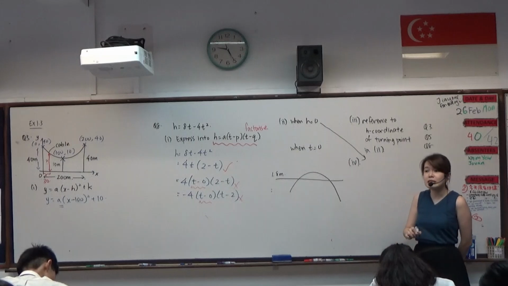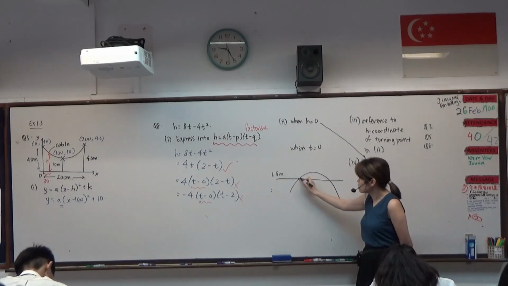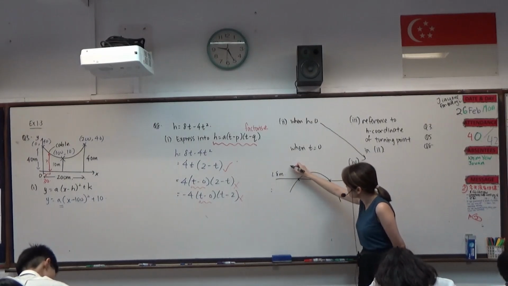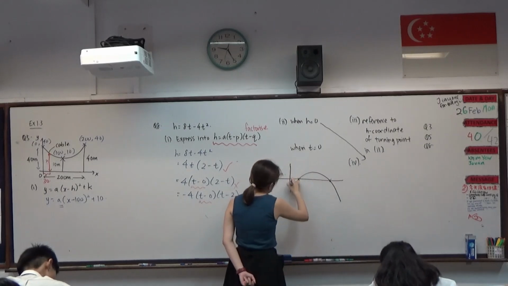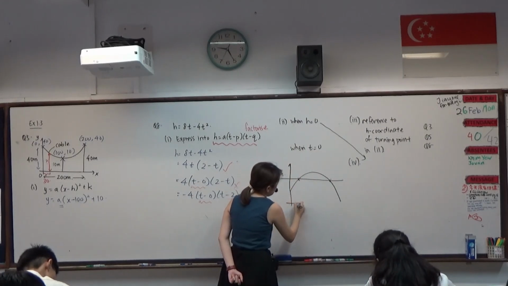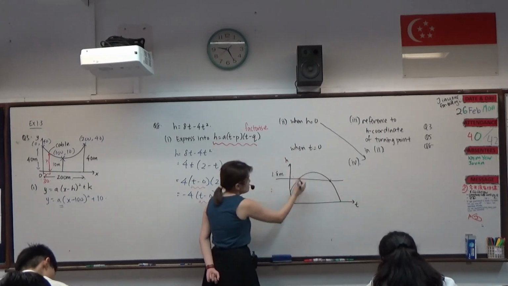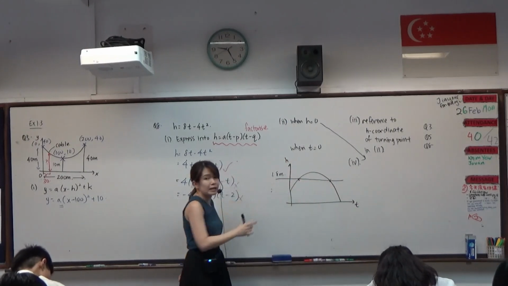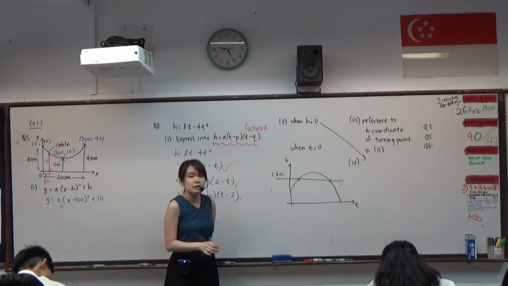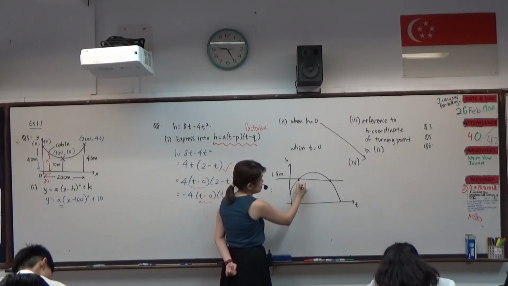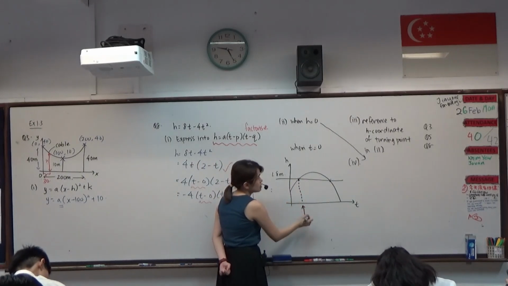Okay, we want to determine the earliest time. There will be two time junctures. Alright, so you have your T and your H here. There are two time junctures whereby it will be 1.8 meters. Because we want to find the earliest time, we will take this as the answer.